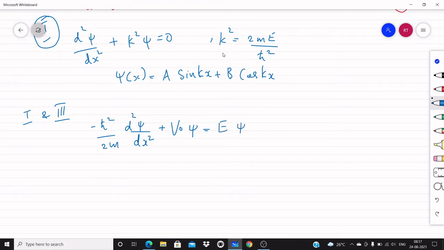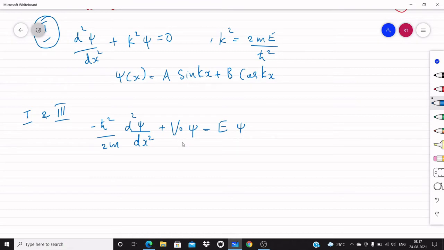If you remember, we used the same equation, applied V0 equal to 0, rearranged by multiplying 2m by minus h cut square to the right hand side, and applied the value of k square here. In region 1 and 3 we have V0 also. So that is our Schrodinger equation.